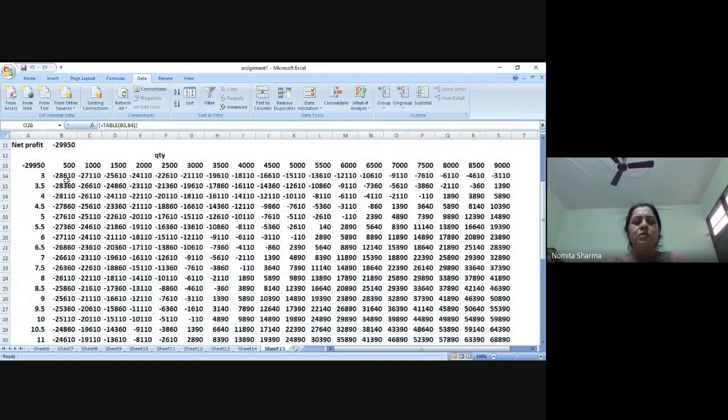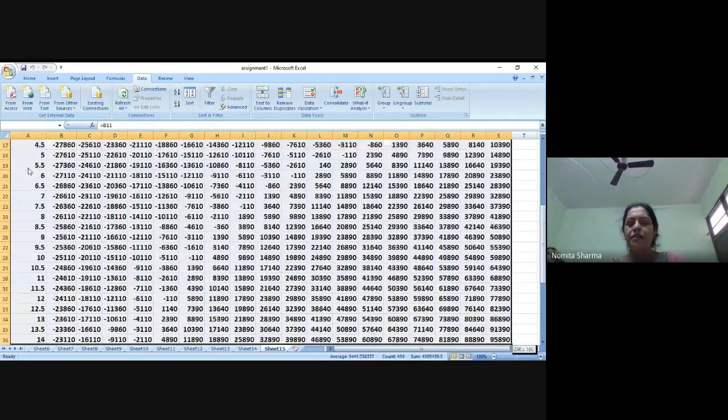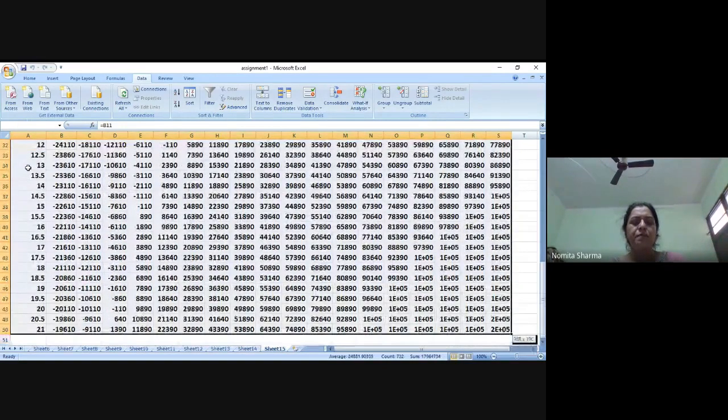Now let me use conditional formatting here to highlight the numbers which are below zero, so that I can make out the combination of quantity and price which is going to give me positive profit. So I go to Home.